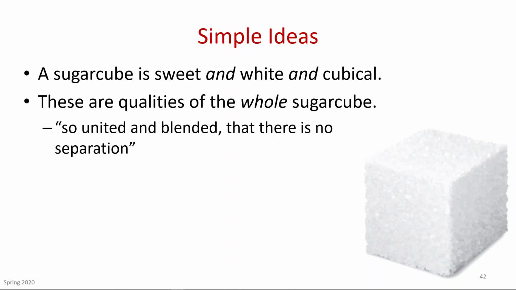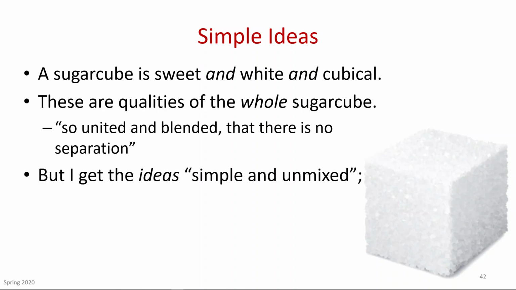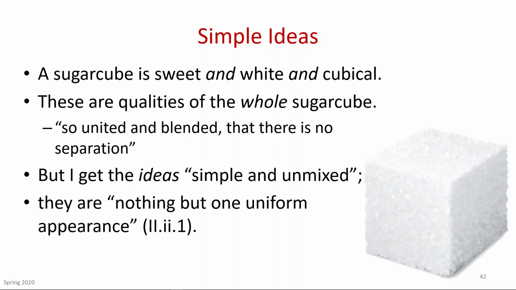All those qualities are everywhere. But in terms of my experience, if we want to analyze the experience, the ideas that come to us are simple and unmixed. Each idea is itself nothing but one uniform appearance. I get the idea of sweetness, I get the idea of whiteness, and so forth.